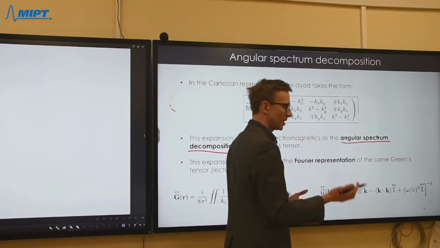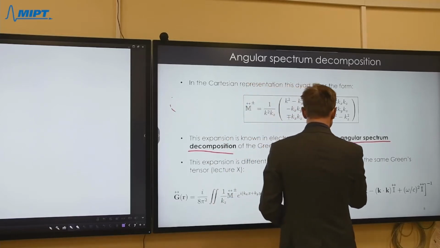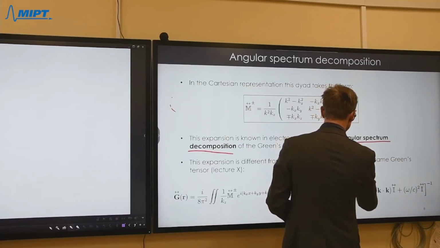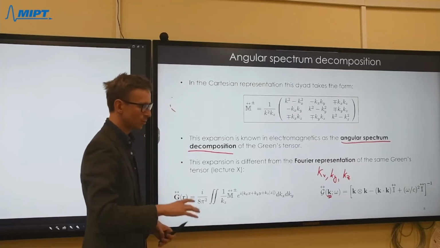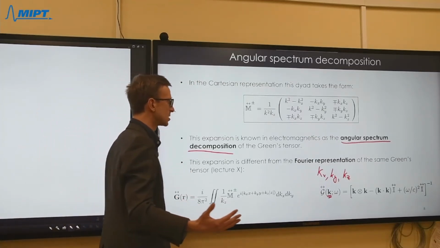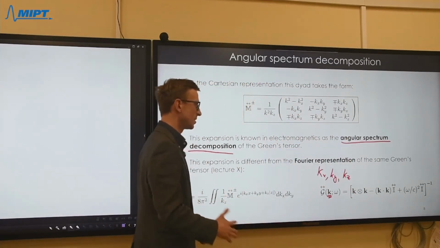And what we obtain in the end is a function of kx, ky, and kz, where these three quantities run over the entire range of values in three-dimensional space. So we can have a very small k, a very large k, and so on and so forth. There are all possible cases.